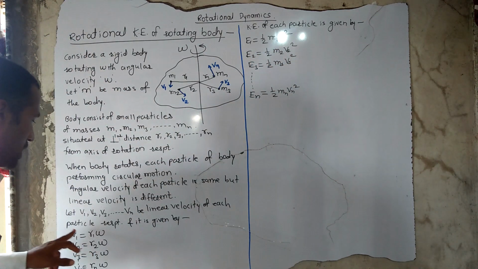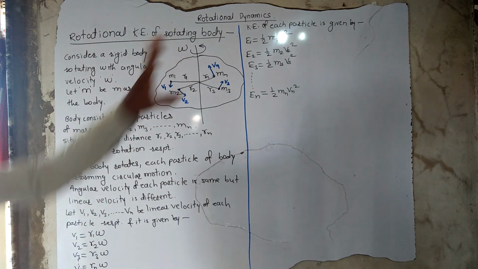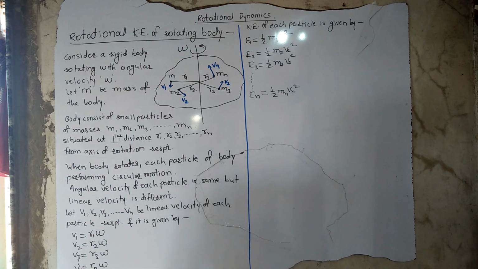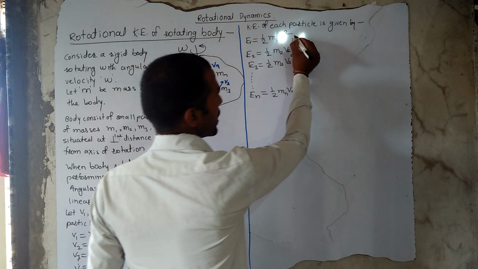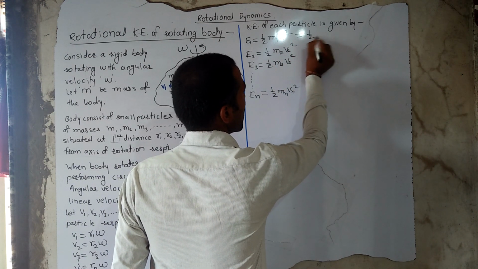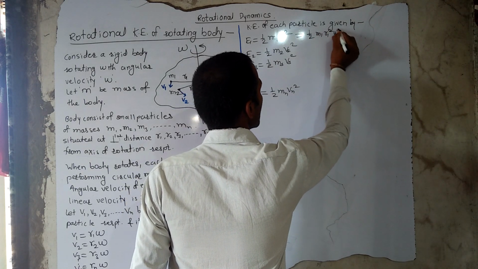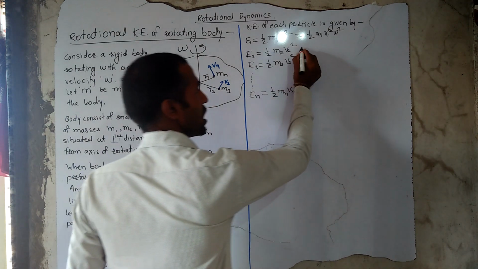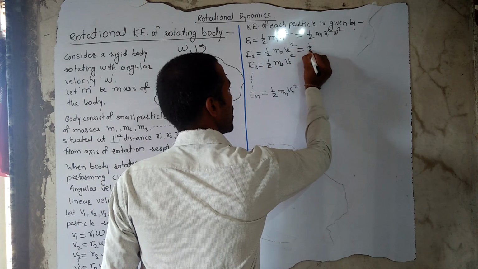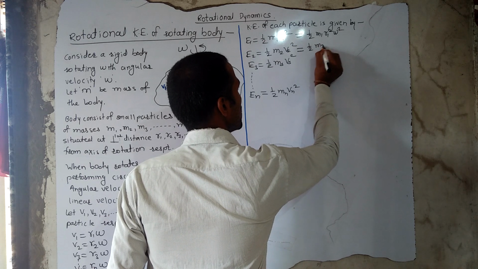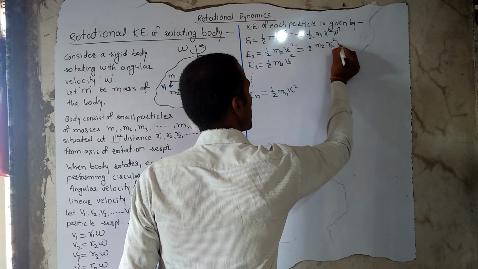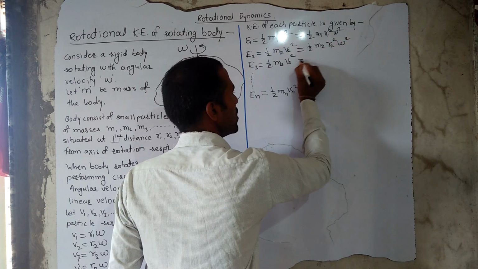Now we can substitute values of linear velocity into the equations of kinetic energy. If we substitute v1 is equal to r1 omega, then we get half m1 r1 square omega square. Similarly, half m2 r2 square omega square.